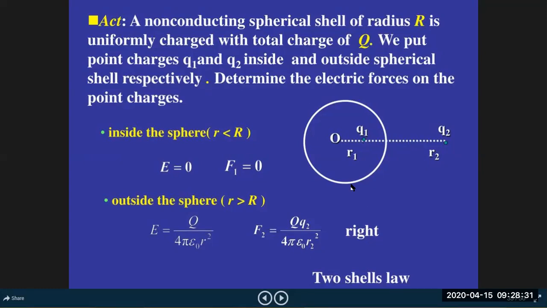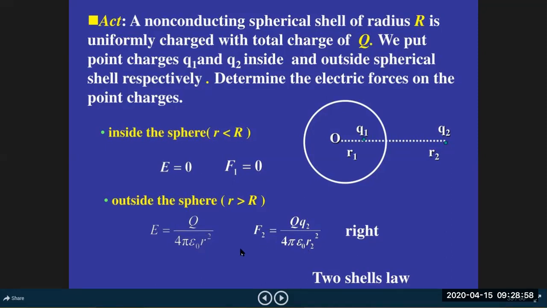Now come to the other point charge Q2, which is outside this shell at a distance R2 from the center. At this point, there will be a non-zero electric field E2. The expression for this electric field will be Q upon 4 pi epsilon naught R2 square.